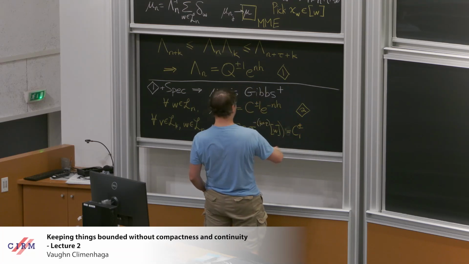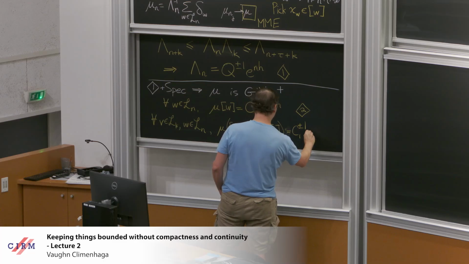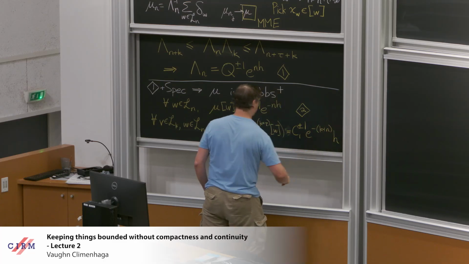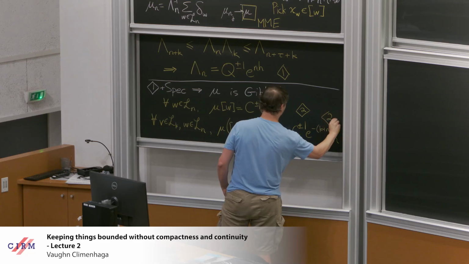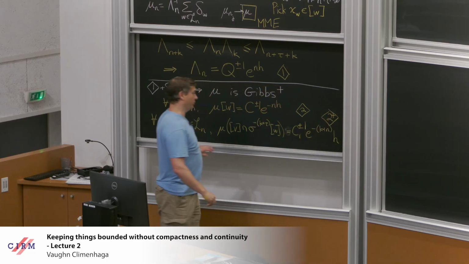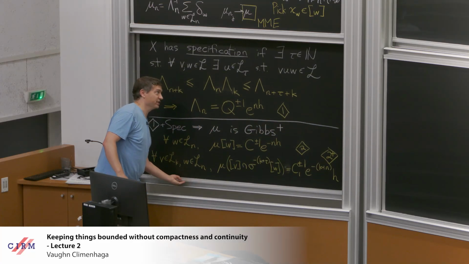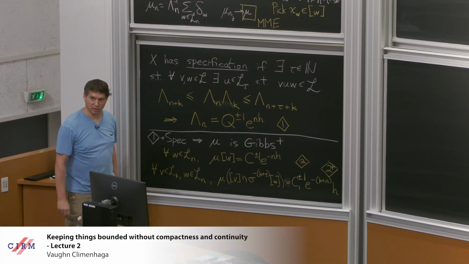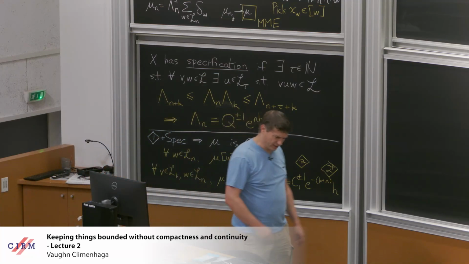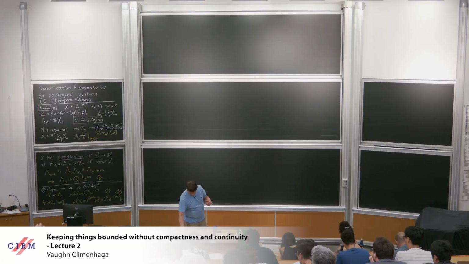This should have been plus minus 1, similarly here. e to the minus k plus n times h. And this is what last time I referred to as 2 plus. So it's a sort of second order Gibbs property.